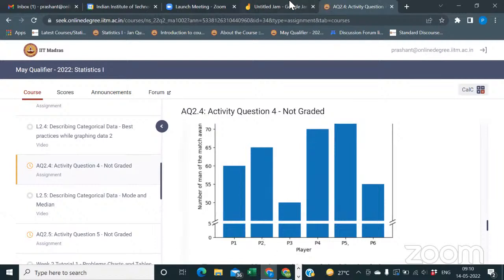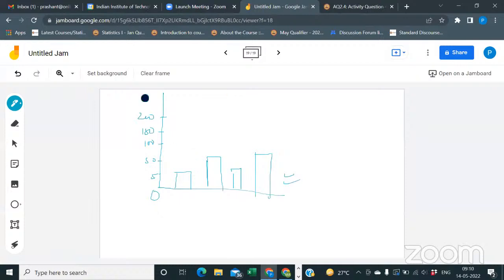See, suppose your y-axis is starting from 0. Then it goes to 5. Suddenly it goes to 50. So suppose I'm plotting this graph and I did some manipulation in the y-axis. This is the manipulated y-axis.